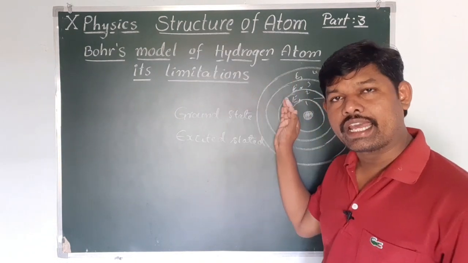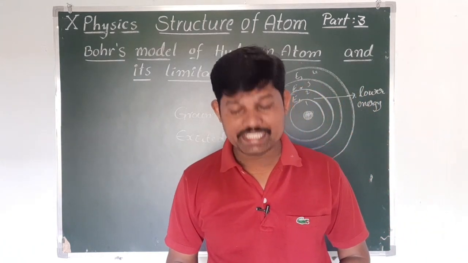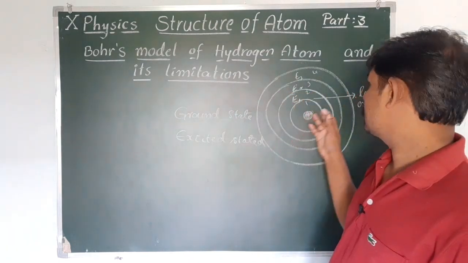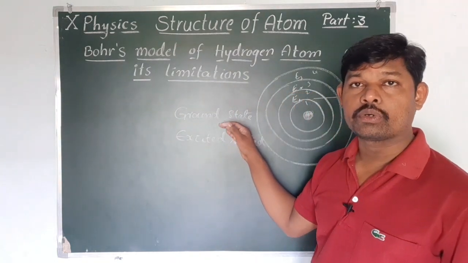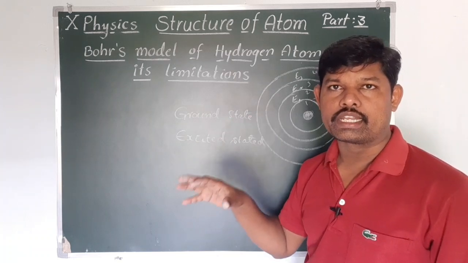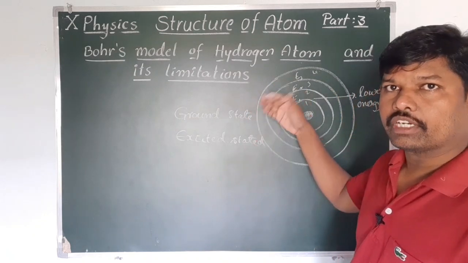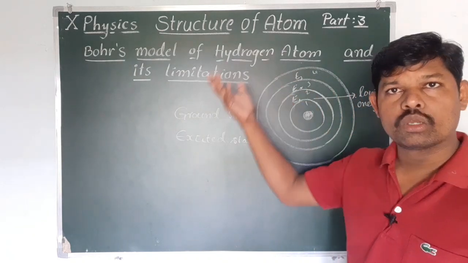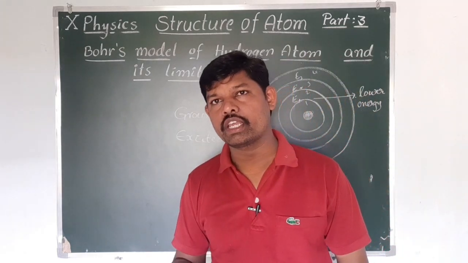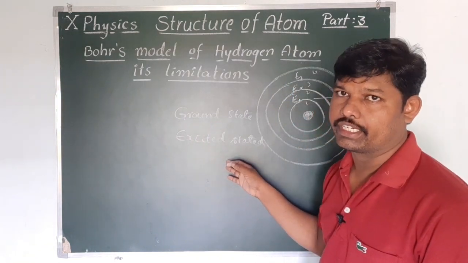These are also called energy states. The lowest energy state of the electron is known as the ground state. In the ground state, the energy level has the lowest energy, and the excited state, that means the next level, has more energy. So when an electron gains energy, it jumps from the ground state to the excited state.